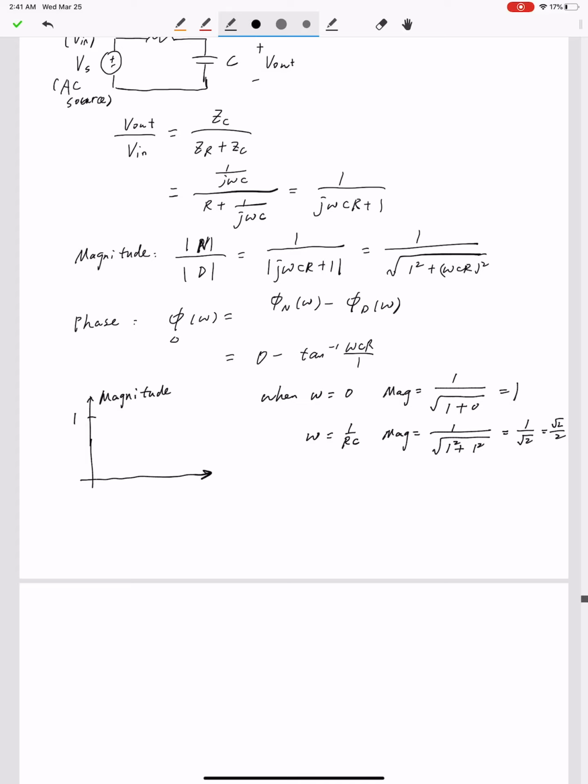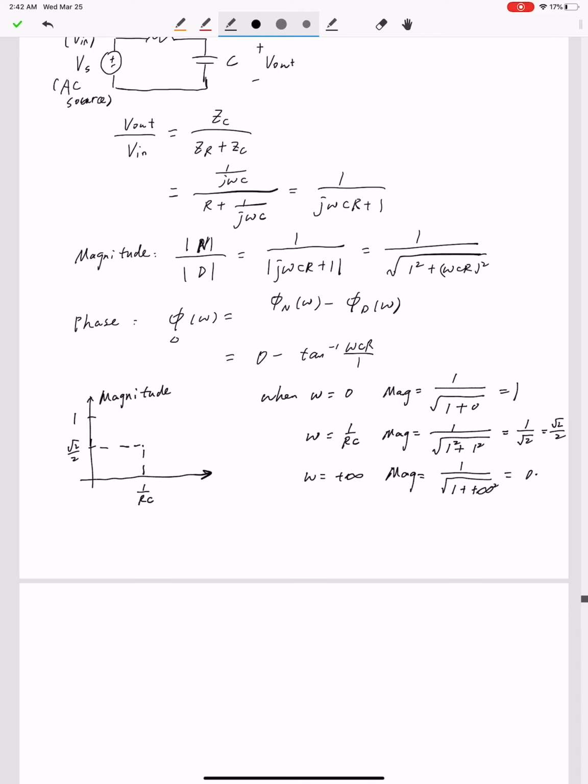Now the last point, when the frequency equals positive infinity, the magnitude equals 1 over the square root of 1 plus infinity squared, and that becomes 0.